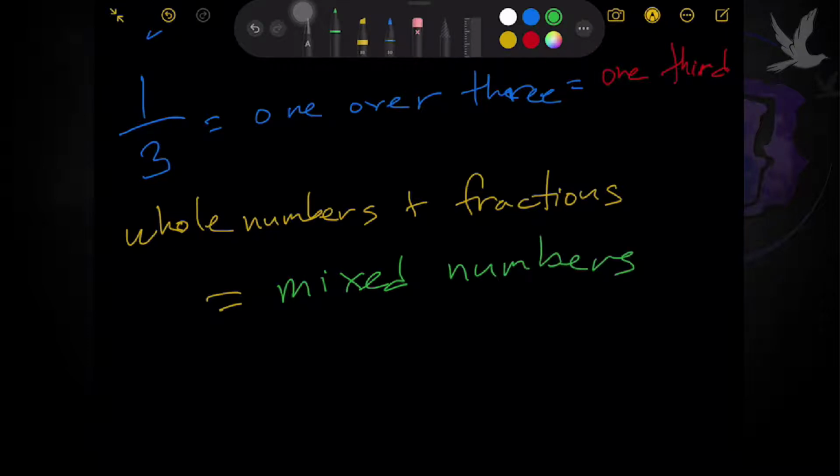Some people call it mixed fractions. No, it's not called mixed fractions. It's called mixed numbers, because it's basically a combination of two types of numbers, a whole number and a fraction. That's why it's called mixed numbers.